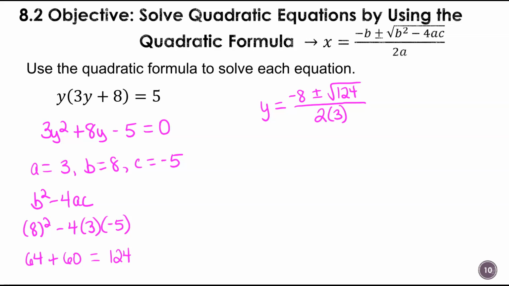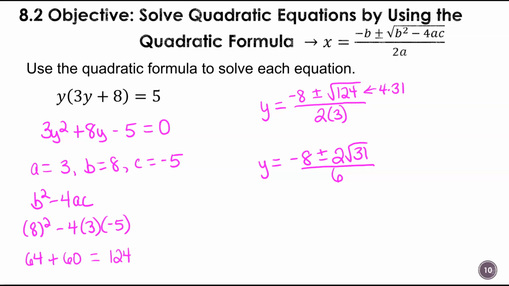All right, and then we simplify. So 124, I know it's divisible by 4, so that is 4 times 31. All right, so negative 8 plus or minus 2 radical 31 over 6. I'm hoping that, as we've worked through this, you've started to recognize when we have a common factor.